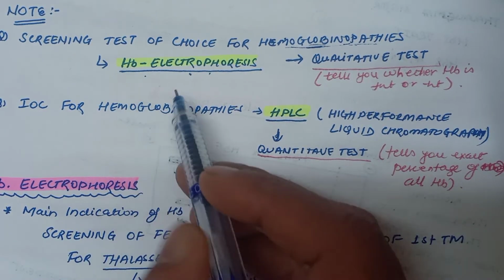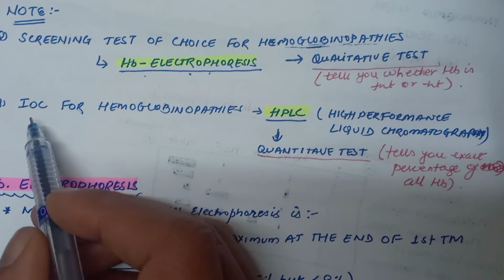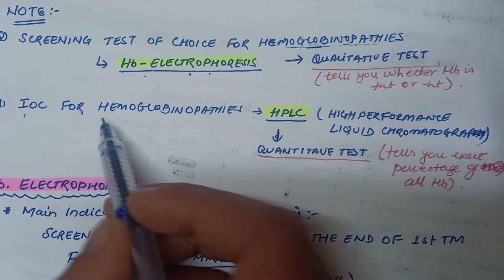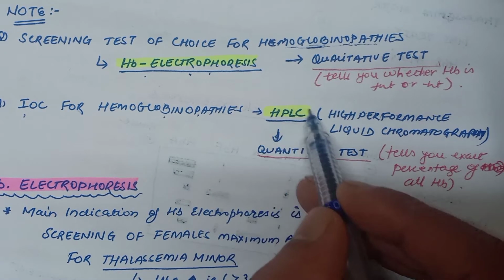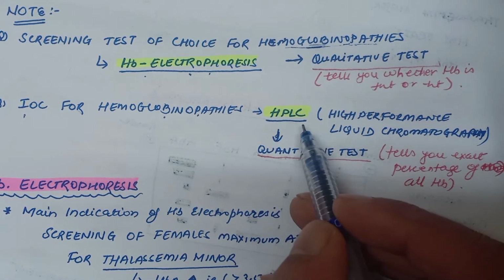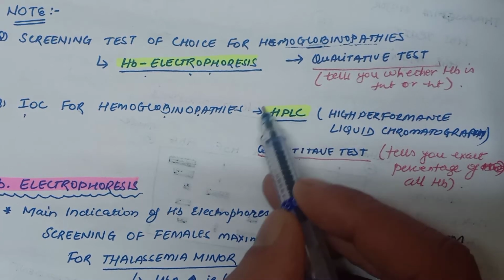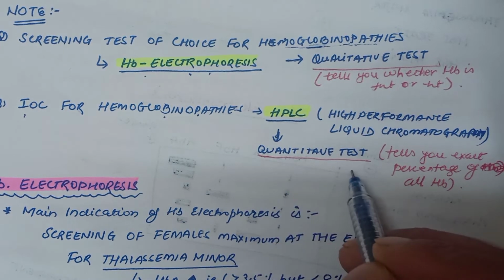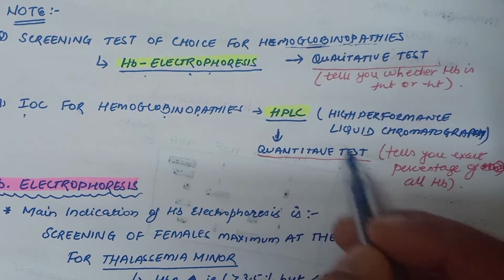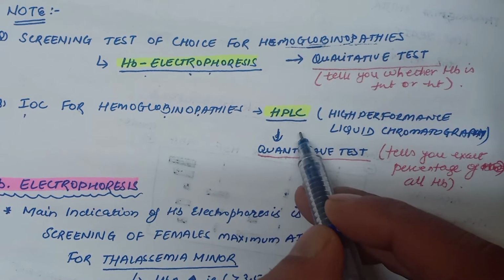That means it tells you whether the hemoglobin is present or absent, whereas the investigation of choice for hemoglobinopathies is HPLC, that is high performance liquid chromatography. This HPLC is a quantitative test, so it will tell you the exact percentage of all hemoglobins. It is the investigation of choice for all hemoglobinopathies.